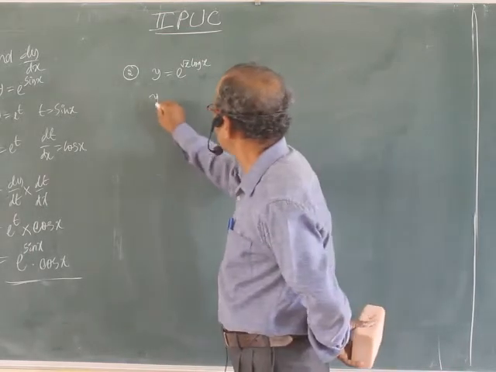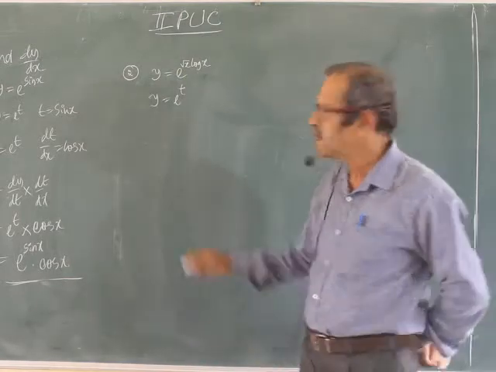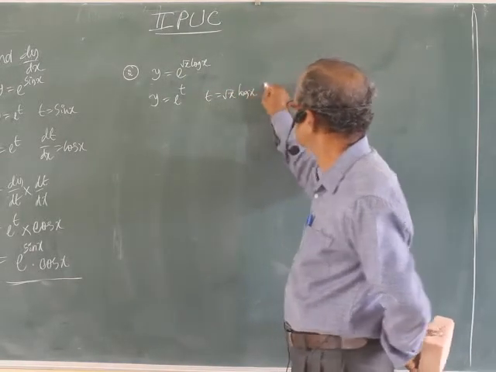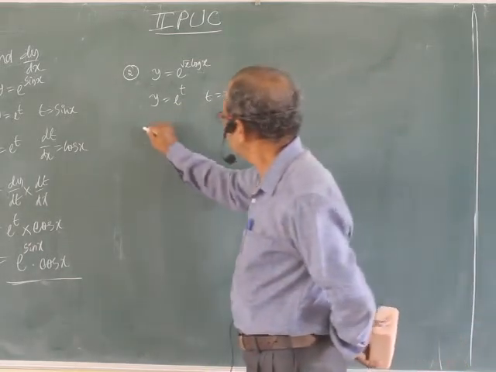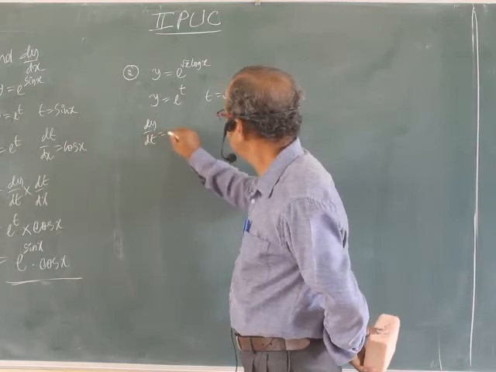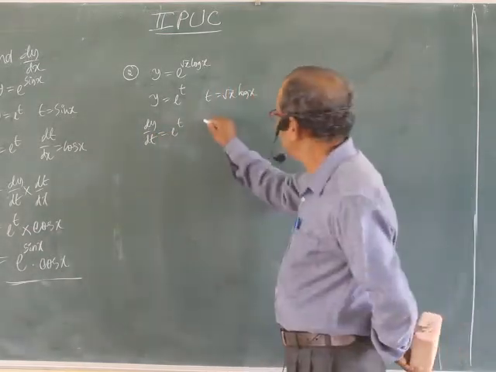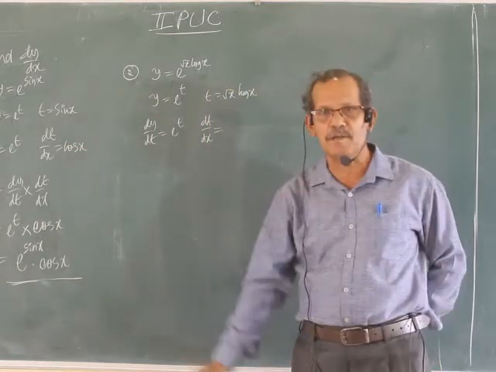Anyway, y equal to e to the power whatever it may be in the power, right, t, where t equal to root x log x. Dy by dt e to the power t, derivative is e to the power t itself. Whereas dt by dx you have to use product formula.